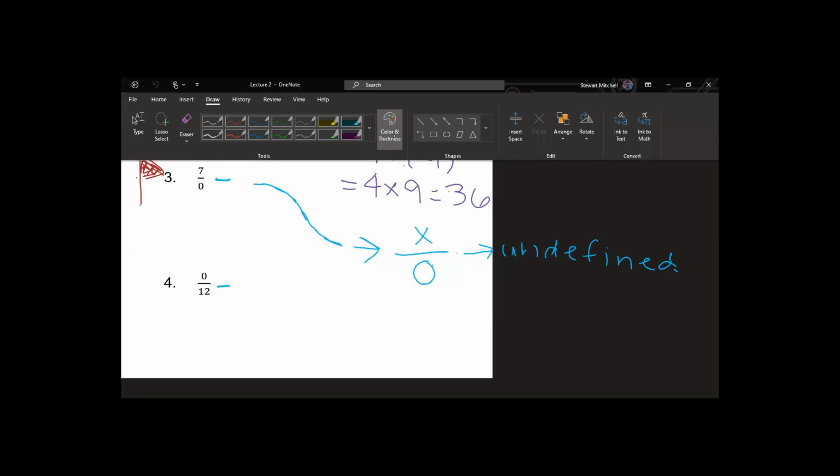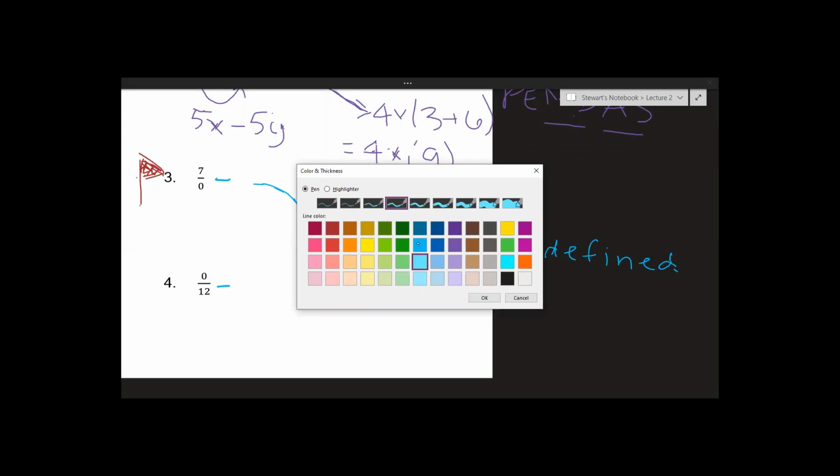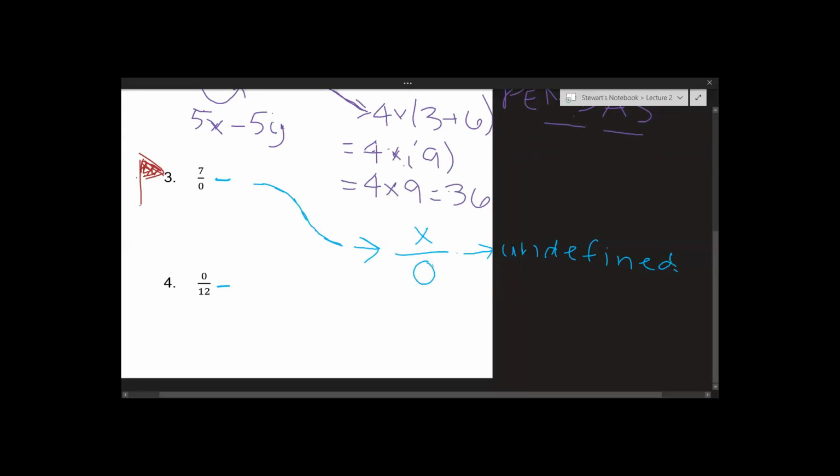Another one, which is actually allowed, and it behaves a lot nicer than that one does. When you have zero in the numerator, and you're dividing it by any non-zero number. That's important to note, because if you have 0 divided by 0, you're going to get a big undefined case too. So that doesn't work.